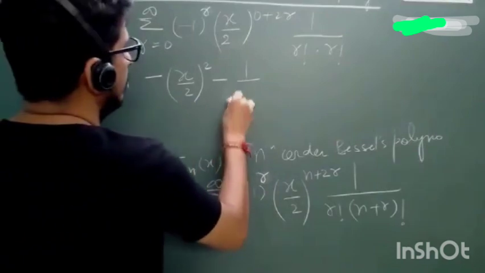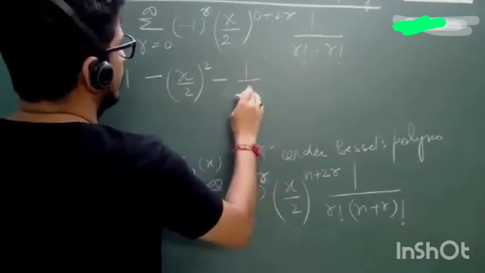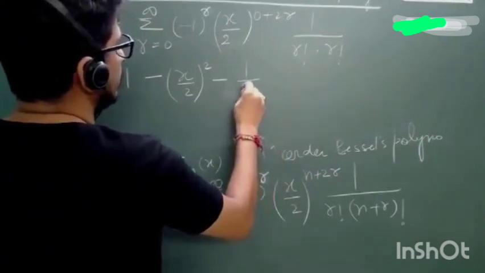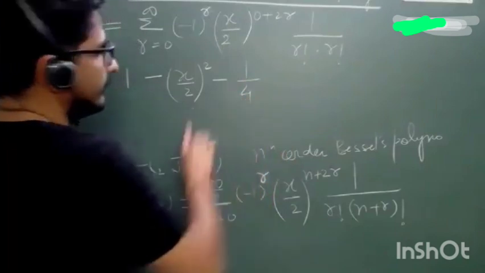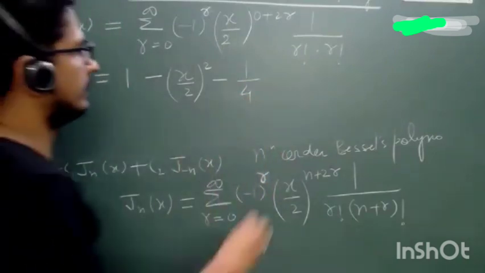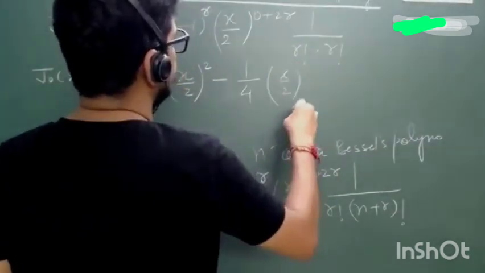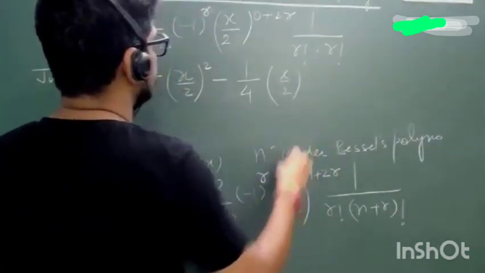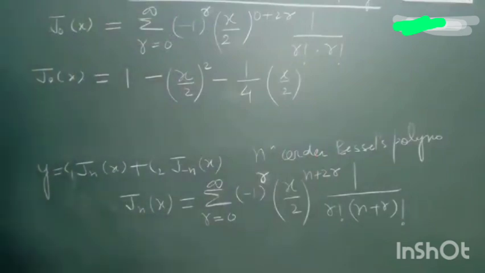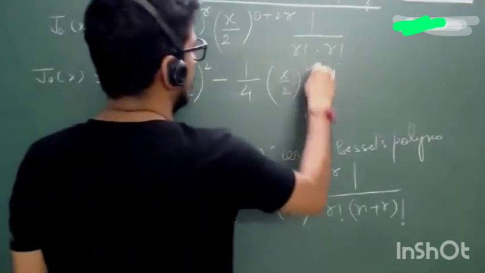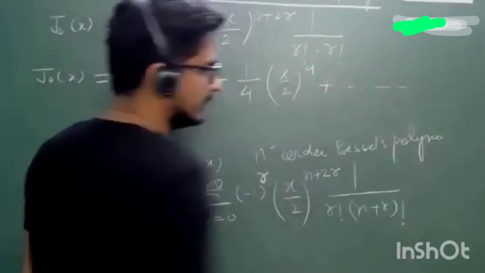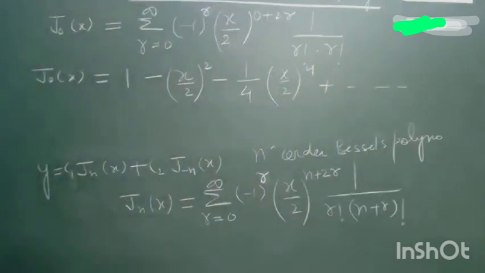So 1 upon 2 factorial 2 factorial, so 1 upon 4, and x by 2 to the power 4, and plus and so on. This is the infinite series that is known as J0.